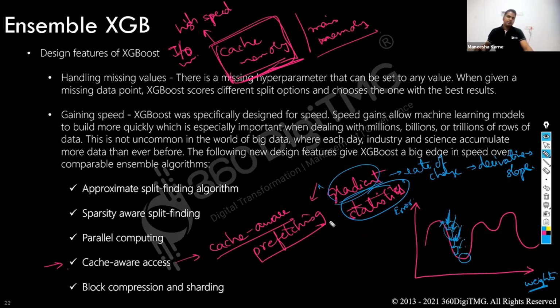In some location from which you can fetch the data very fast and write it very fast. And if read write operations are very fast, then this gradient algorithm will run very fast, and the algorithm will complete faster, right? That is called cache aware prefetching.